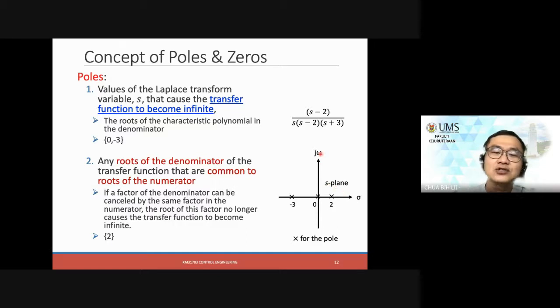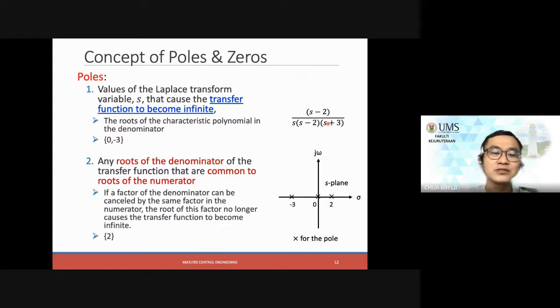In this S graph, once you start to plot the axes, instead of using X and Y, use sigma and j omega. Sigma represents the real values and j omega represents the imaginary values. So this is the S-plane, to denote all these S parameters or variables.